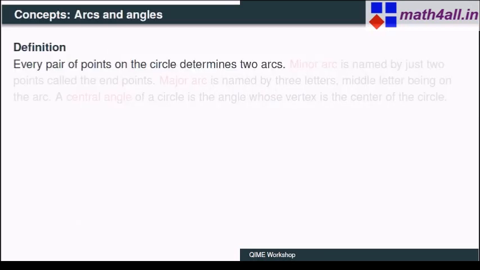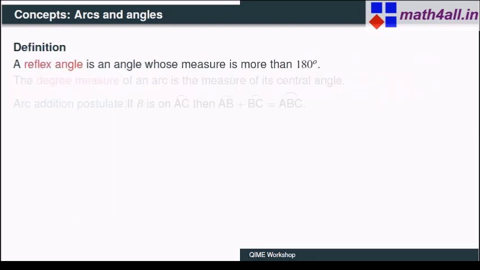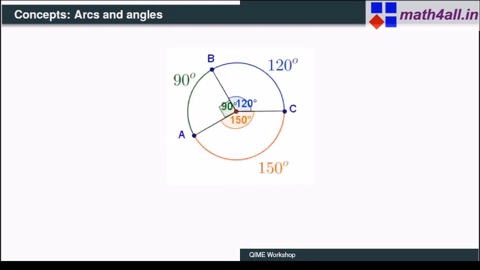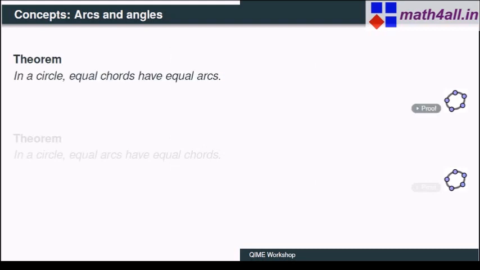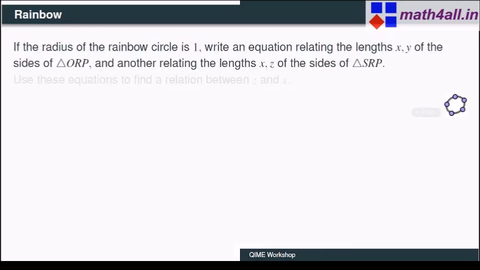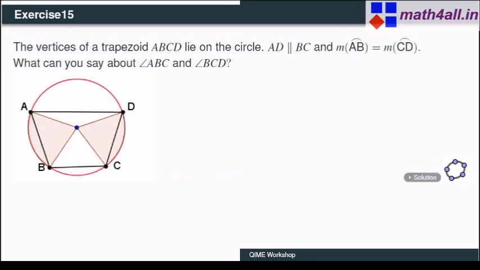So we do arcs and angles and such things. So let me skip these things. These all define and prove, and there are problems on that. So I'm just clicking them so that they get recorded, and you can try to solve them later on.